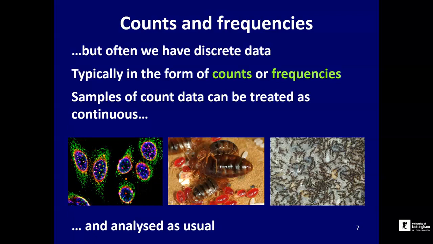And in fact, you can't have negative cells or negative ants. So although the underlying data are discrete, they come in integers, you can't have fractions of ants or cells, you can, under most circumstances, treat them as being approximately like continuous data.